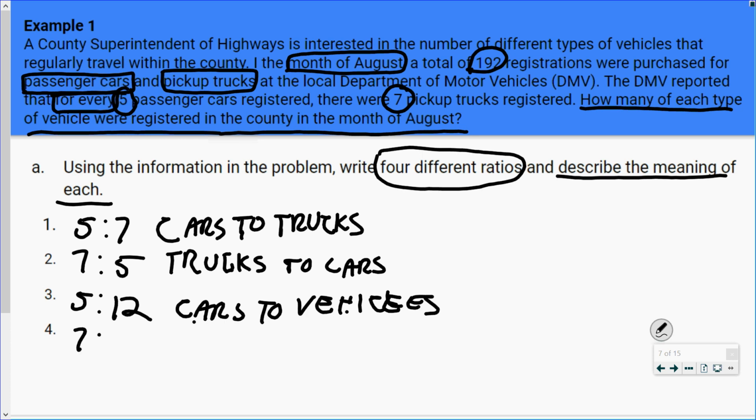That's another one right there. And that's trucks to vehicles. So those are the 4 different ones that you could get out of the numbers that they gave you here. Does everybody understand? The 2 top ones are part to part, and the bottom ones are part to whole, because we're comparing a part of it to the whole tape diagram. Good?